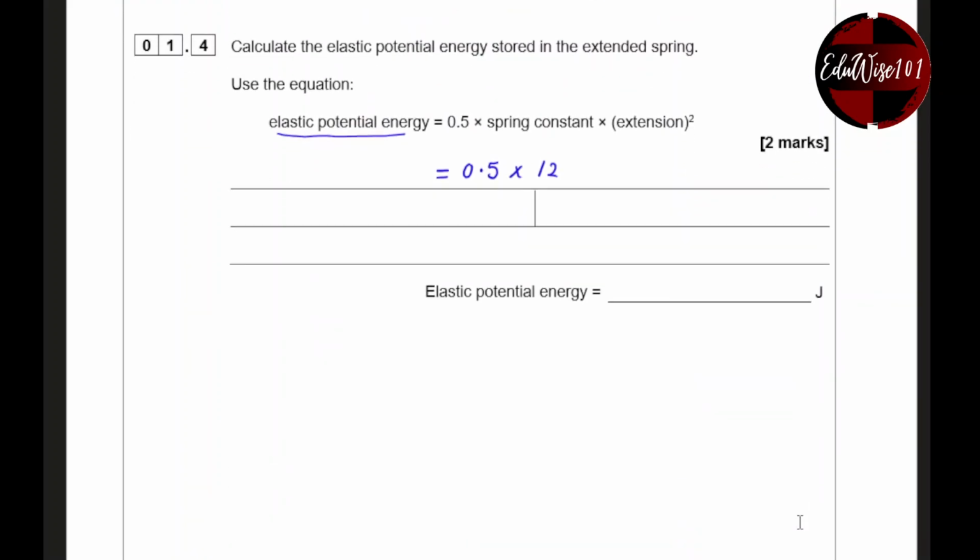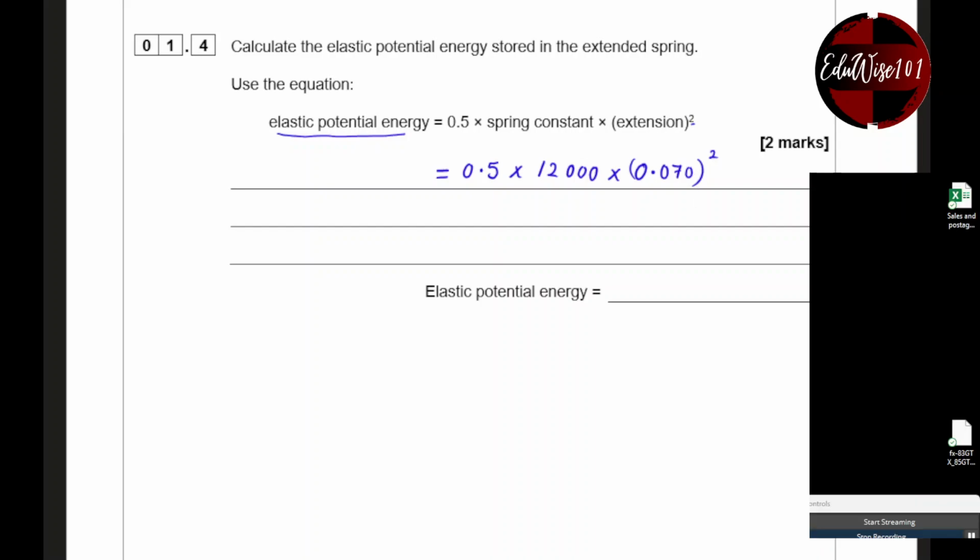Sorry, 12,000 multiplied by the extension squared. Now that small 2 means it's the square. So 0.070 squared.